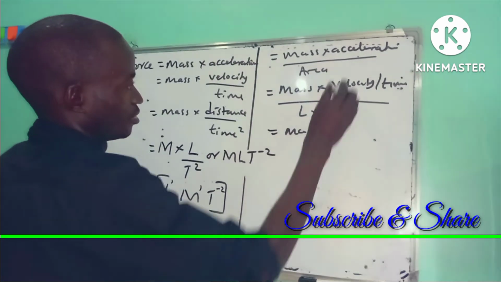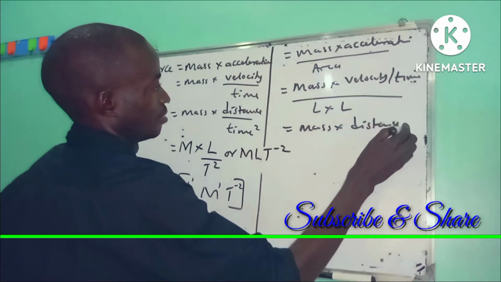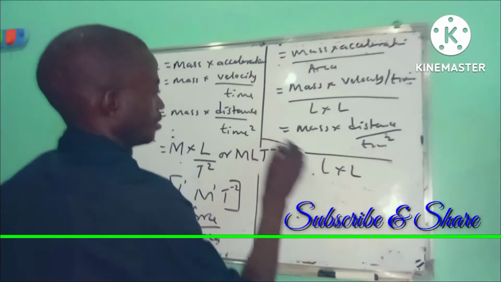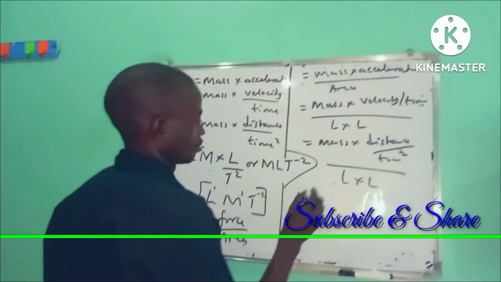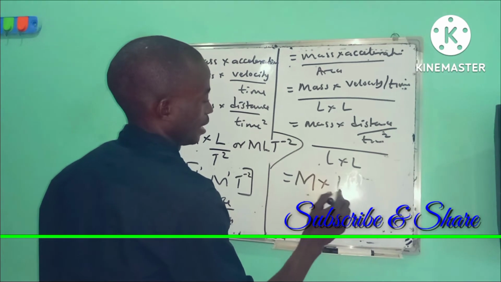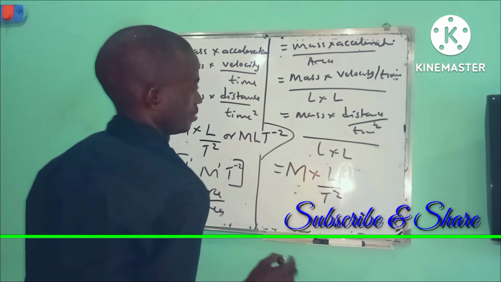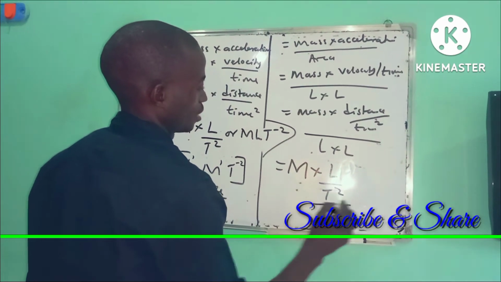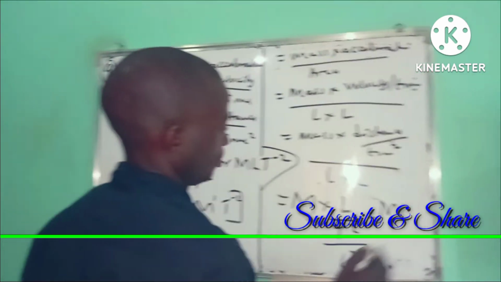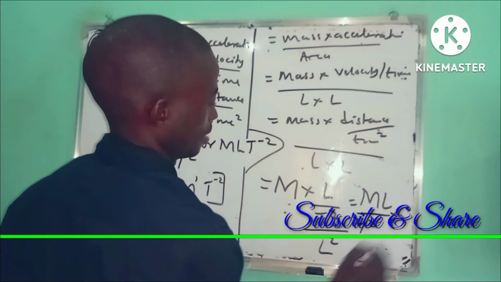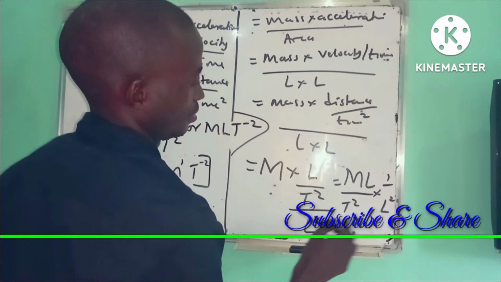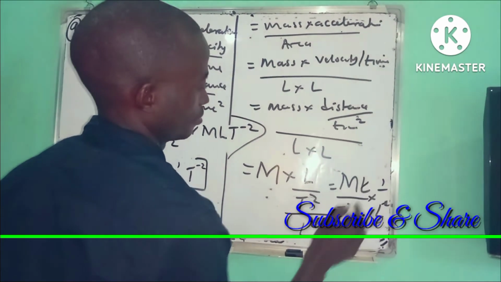Velocity is still broken down as distance upon time, so with this now, over length times length, it is equal to mass, which can be written in terms of capital letter M times distance in terms of L upon T squared, upon again L squared, which is ML over T squared times 1 over L squared. So this can get rid of this.